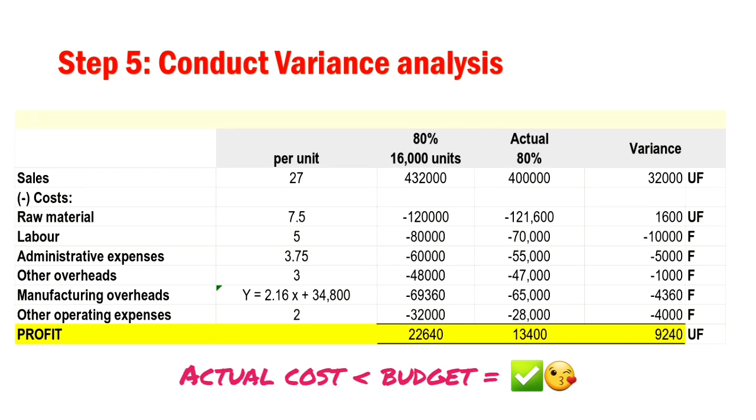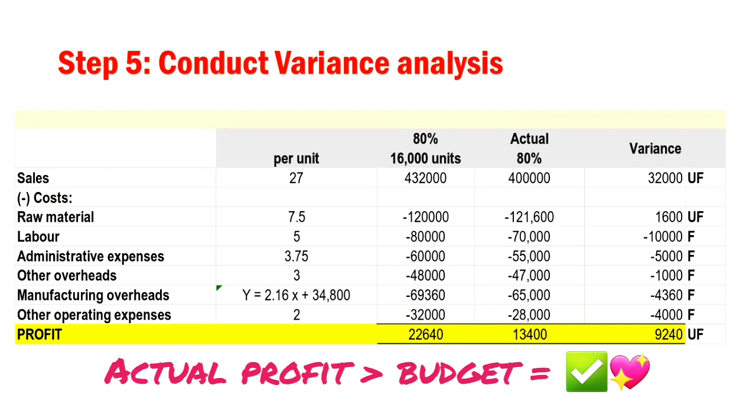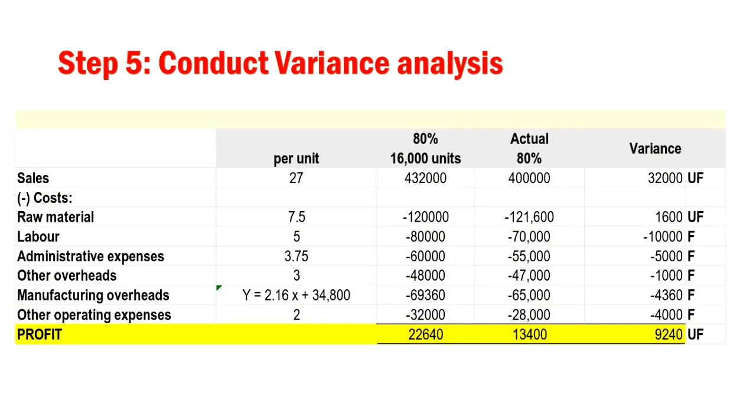Actual higher than budget, unfavorable. And for profit, you prefer or it is better when actual is higher than budget. See, actual is 16,400, whereas budget is 30,640, it shows that it is unfavorable.